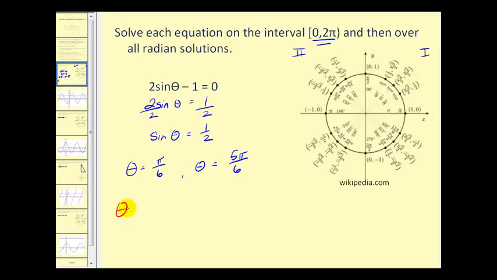So theta could equal pi over 6 radians plus, we'll say 2 pi k, where k is some integer. So this will produce some multiple of 2 pi radians. Or theta could also be 5 pi over 6 radians plus 2 pi k. And that would produce any coterminal angle with this terminal side, producing a sine function value of 1/2 as well.